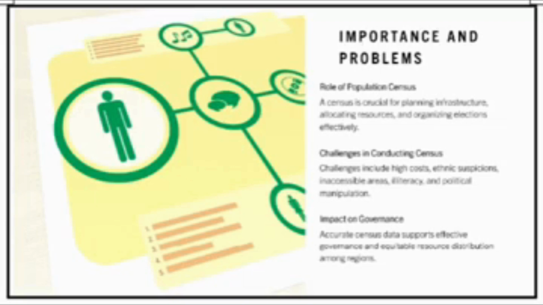There are also inaccessible areas like very remote areas, riverine areas or even forests. There is also the issue of illiteracy and poor enlightenment. And finally, there is normally political manipulation of figures from every state.